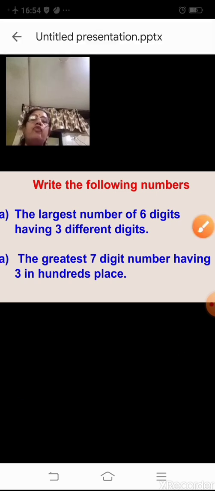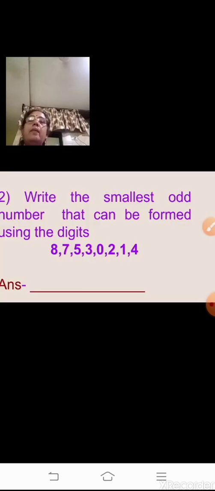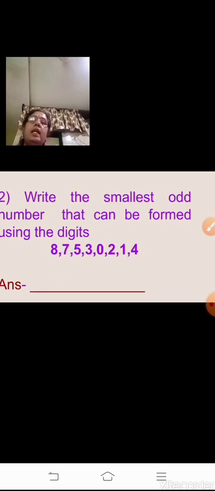Accordingly, you have to form the numbers. So for the first one, your answer is 9,99,987, where you are having 3 different digits, and the second one is 99,99,399.